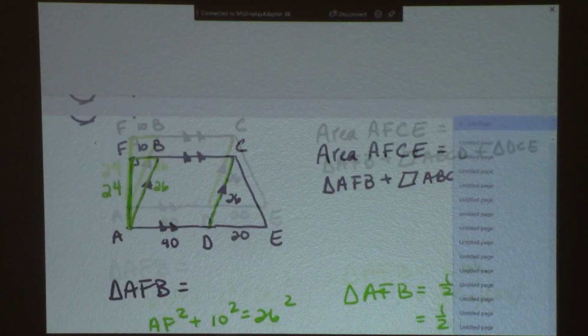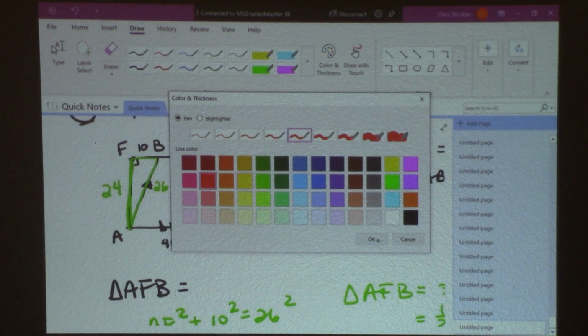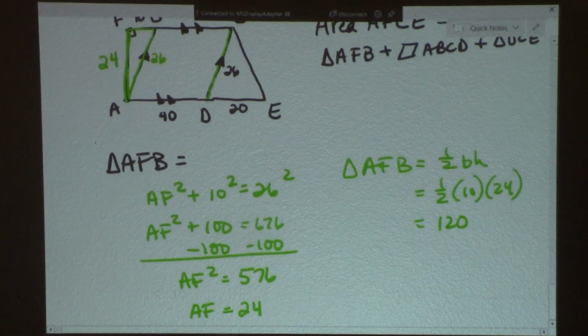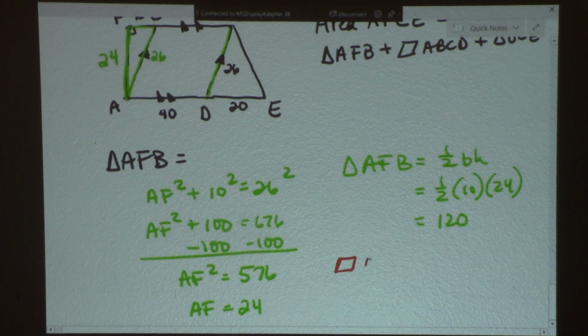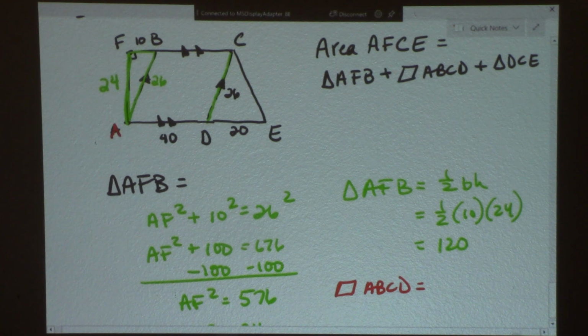Because I'm going to look at the next piece. I'm going to change colors again. I want to look at parallelogram ABCD. That's right here. We know this is a parallelogram because of the markings. So my formula for the area is going to be base times height.